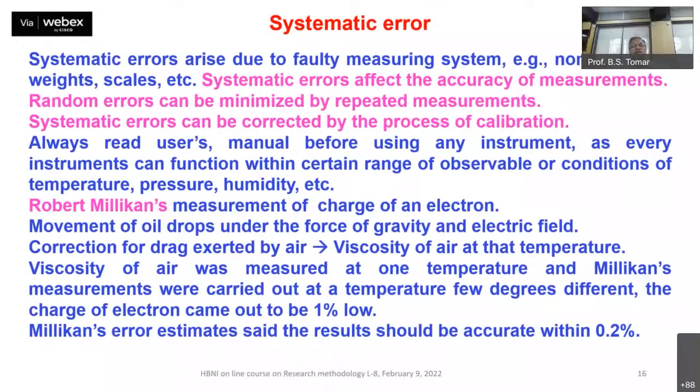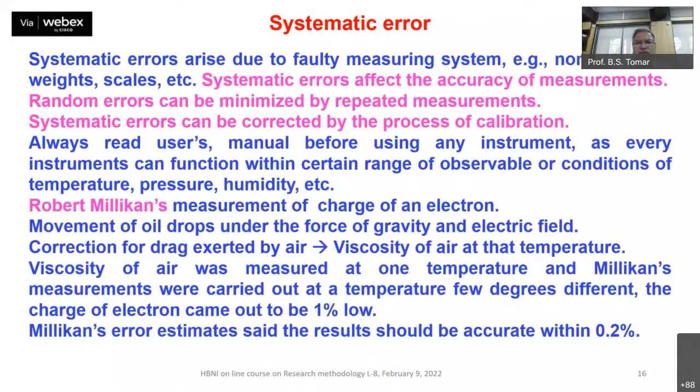Then the other one is the systematic error. Systematic errors arise due to a faulty measuring system. There is a fault in the system. Let us say the standard weights are not standard, or your scale is not standard, or the people who make the measurements have some bias. All that will add to systematic errors.